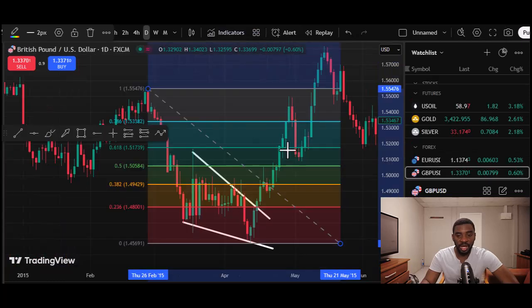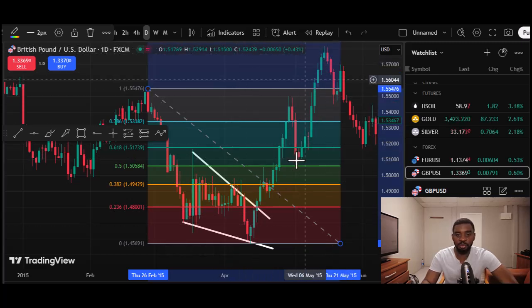So at this 50% now, this is a bit different, because after this point there was a kind of rejection, but price quickly pulled back and we have a strong rally. Now when price got to this place, there was a pullback again, and after that we have a second strong rally.